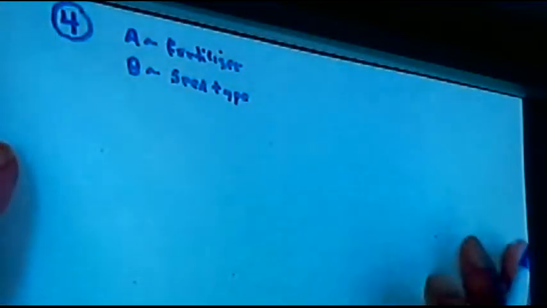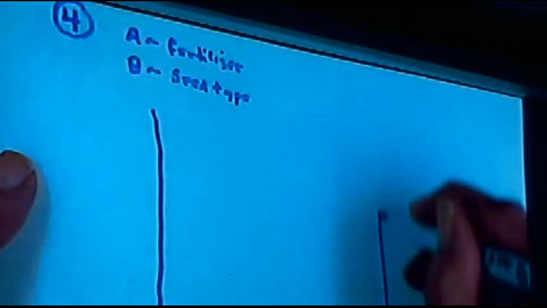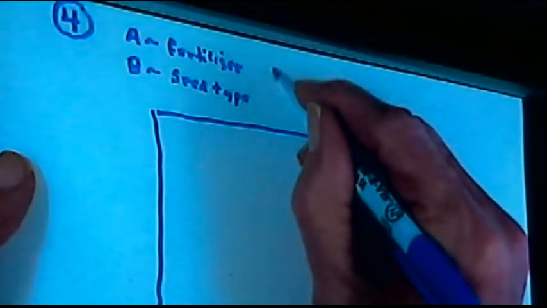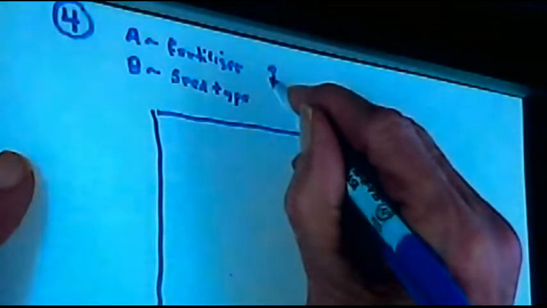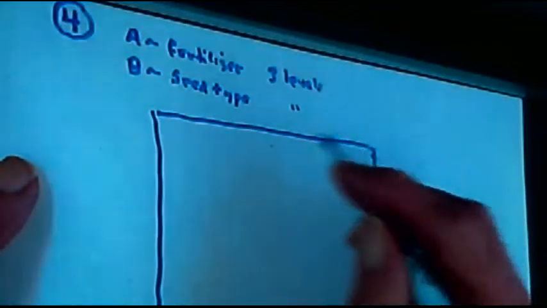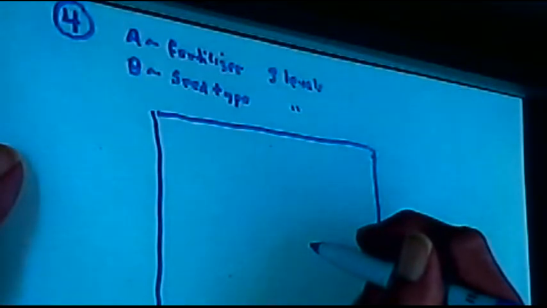Now, suppose in collecting the data to study these 2 factors, I do the following. So there's a plot of land. Let's suppose I have 3 levels for A and 3 levels for B. So there's a big plot of land, and what I do is divide it up into 9 portions.